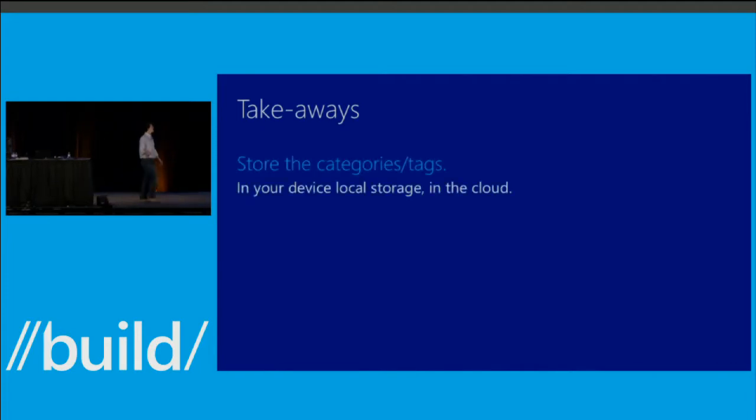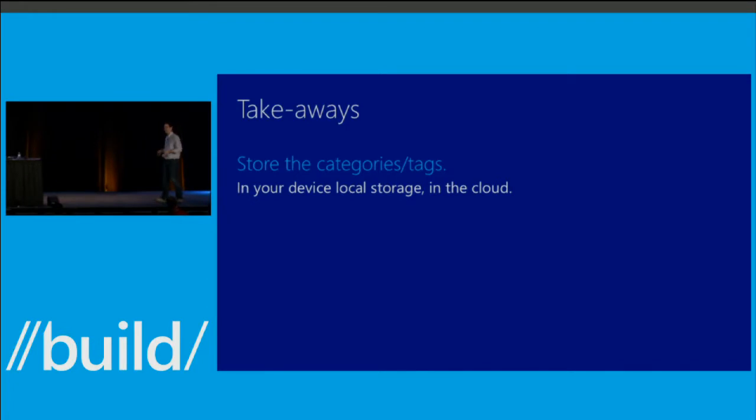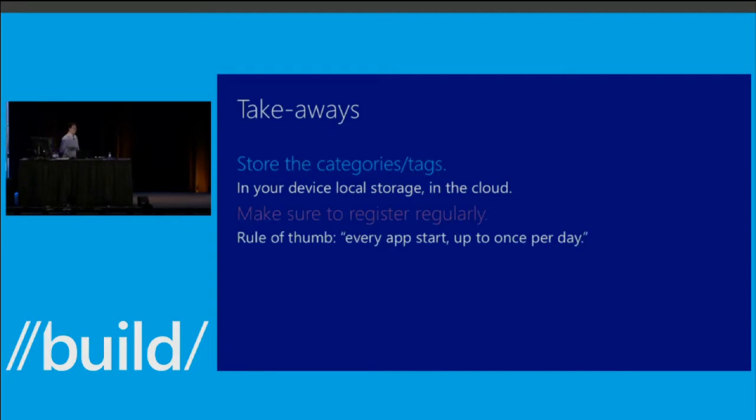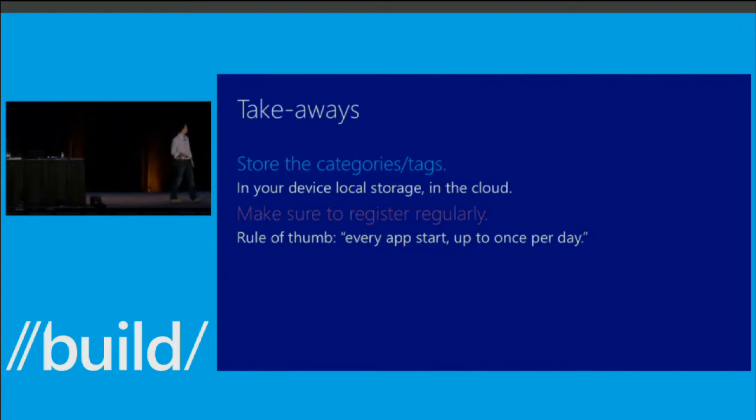So what are the takeaways? Please store the tags and the categories somewhere. Do not use the Notification Hub as a storage system. We do not charge as a storage system, and we were not meant to do that kind of work. There are many other better alternatives, like mobile services, for instance. Make sure also to register regularly. Rule of thumb, at every app start up, to once a day.